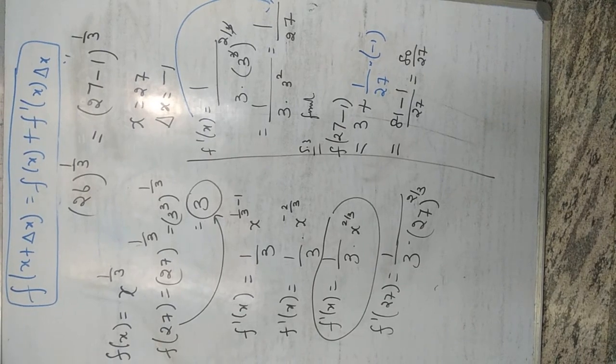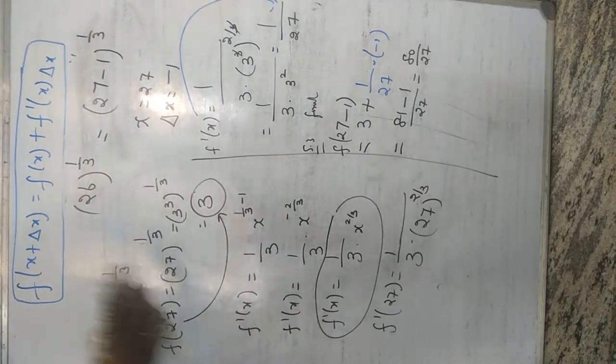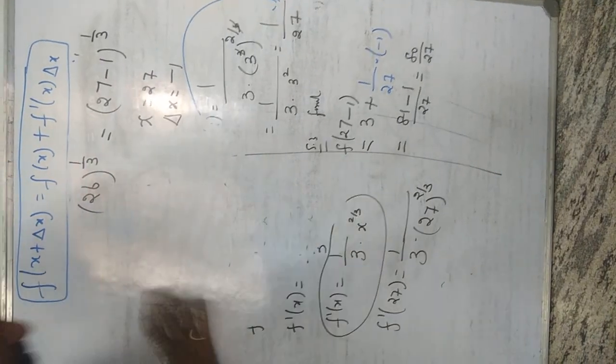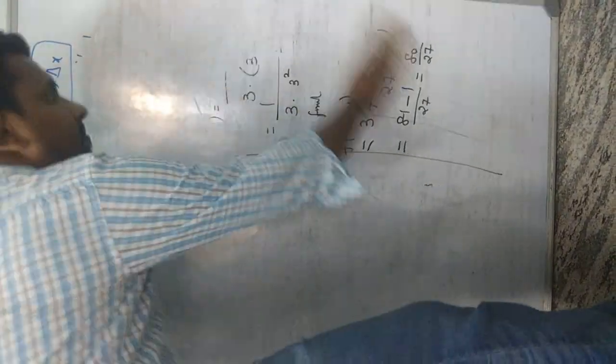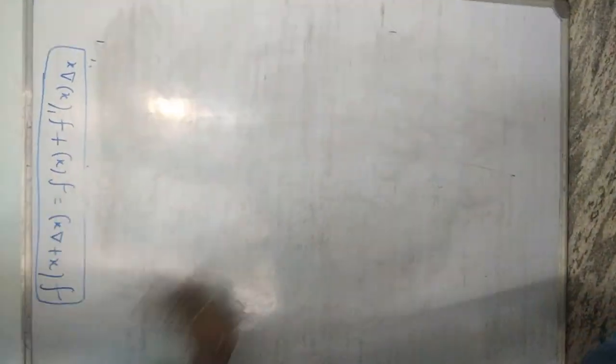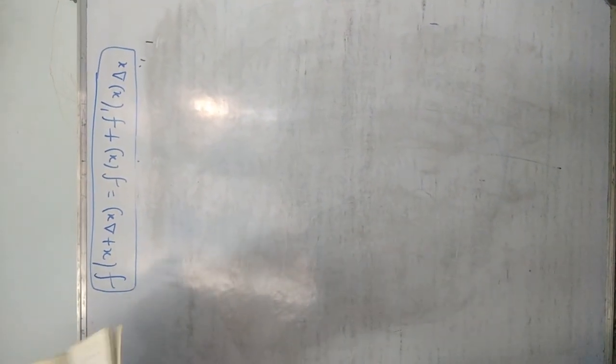F of x is equal to. So I'll move on to the next sum. Okay, I'll wipe out. Same formula they have asked in the textbook.